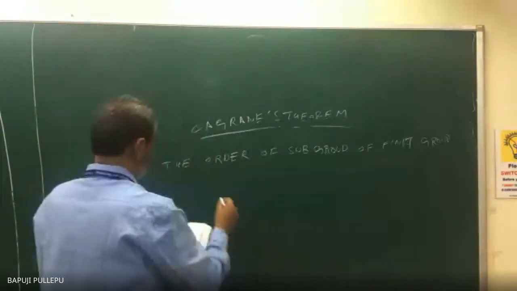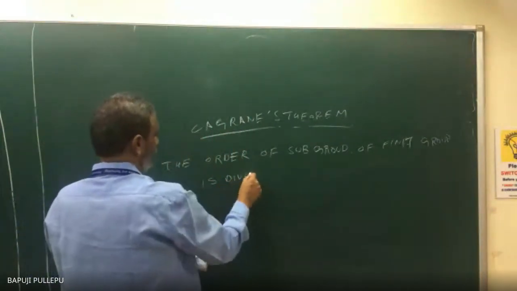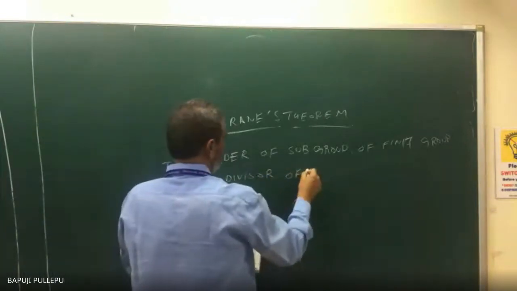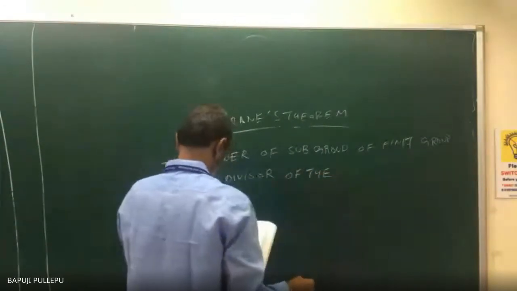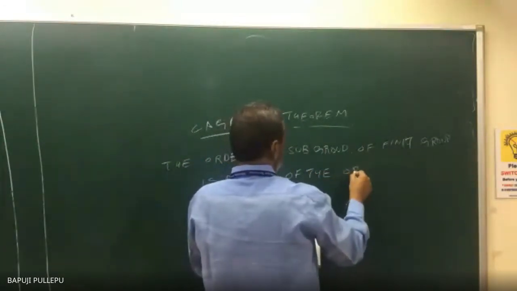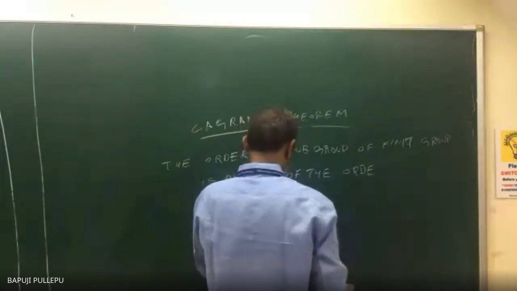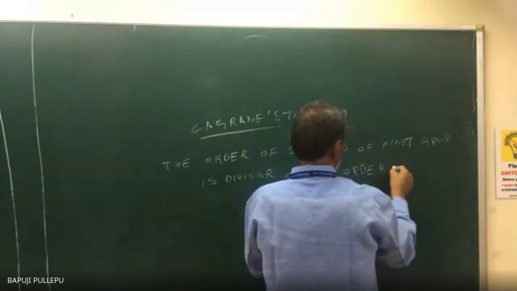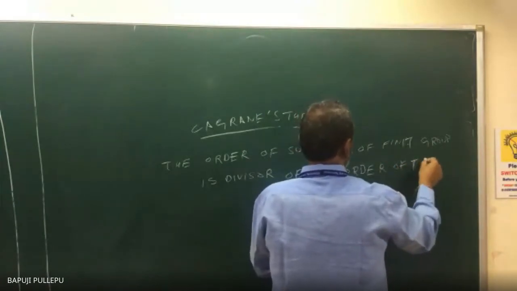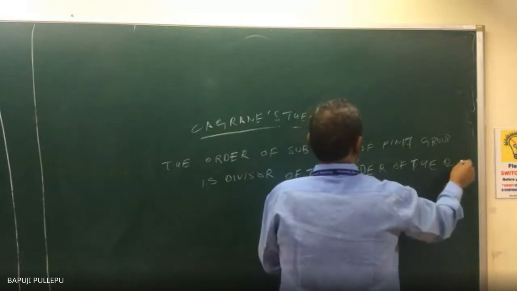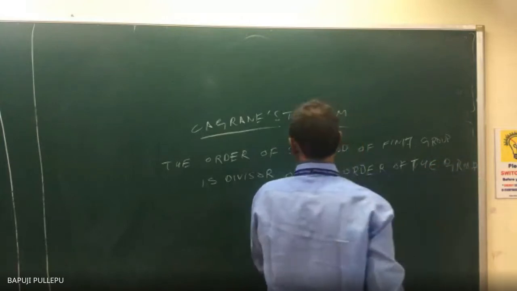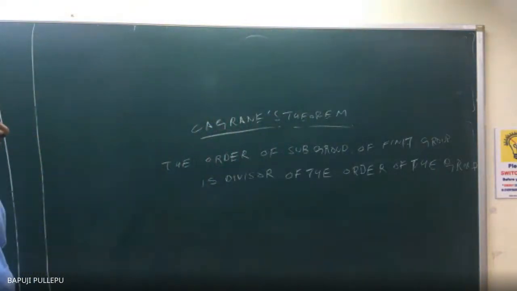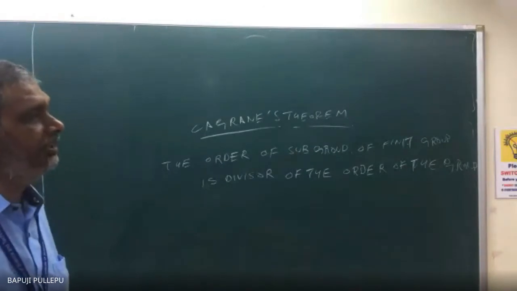The order of a subgroup of a finite group is a divisor of the order of the group.